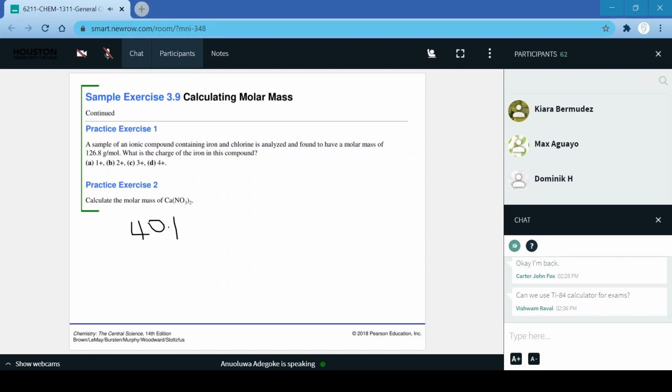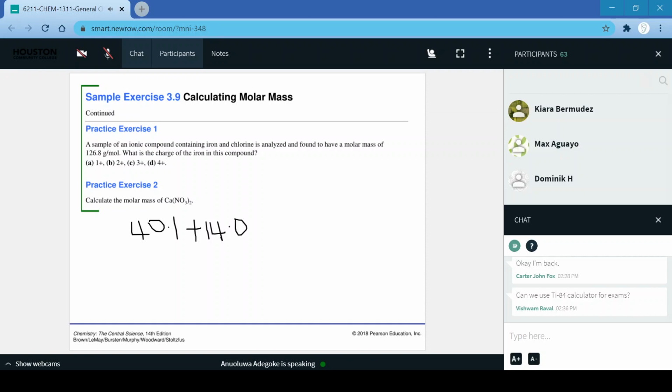That is the mass for calcium, plus. Now, whenever you have a parenthesis like this, we use the regular calculator for the exam; nothing should be programmed in the calculator for the exam. The atomic mass for nitrogen on the periodic table is 14.0, but remember we have 2 nitrogens there, so we multiply that by 2.